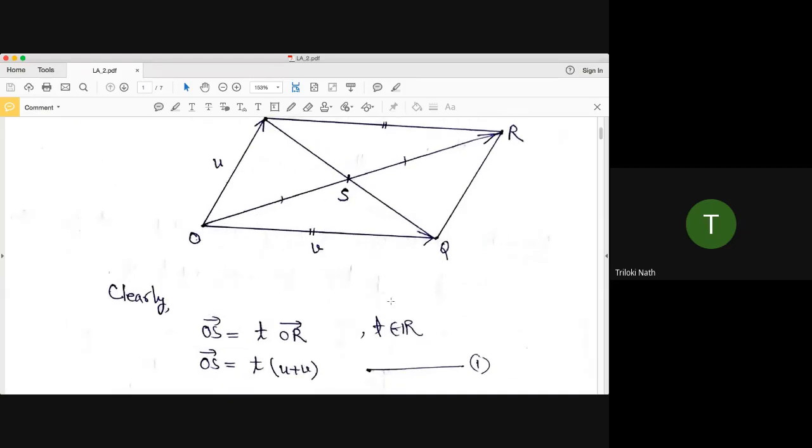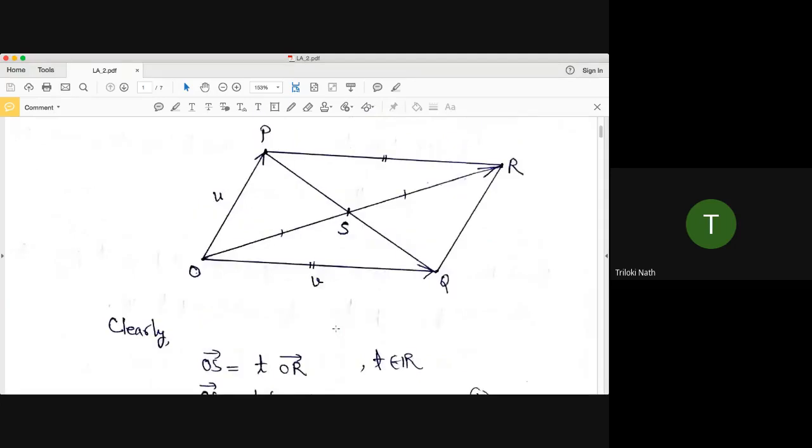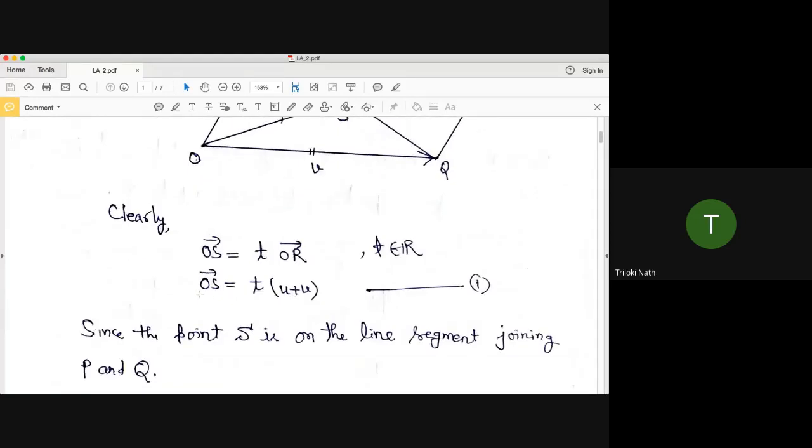If S is a midpoint, then T is 1 by 2. If it is 1/4, then T is equal to 1 by 4, and so on. So we can choose an appropriate T so that we can write the vector OS is T times the vector OR. What is OR? OR is U plus V. So the OS vector is given by T times (U plus V).